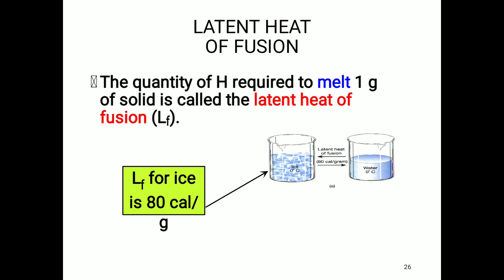Particularly in the case of ice, if you want to convert 1 gram of ice into liquid, you have to give energy of 80 calories per gram. So the latent heat of fusion for ice is 80 calories per gram.